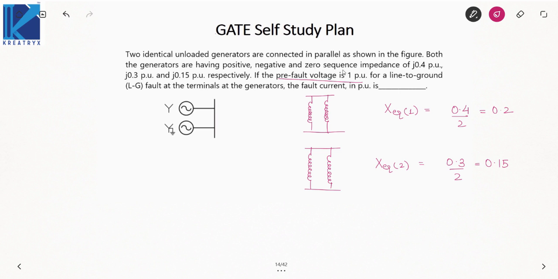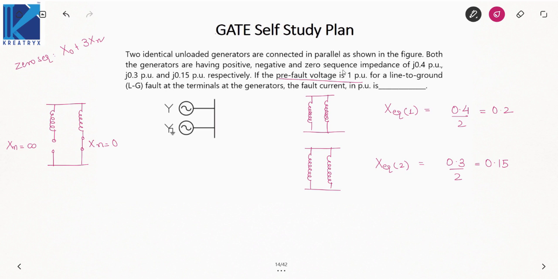What about zero sequence? In zero sequence, if you see, the first generator has ungrounded neutral, but the second generator has grounded neutral. So remember, in zero sequence, always reactance shown is x0 plus 3xn. Since the neutral is open circuited for first generator, Xn is infinite.